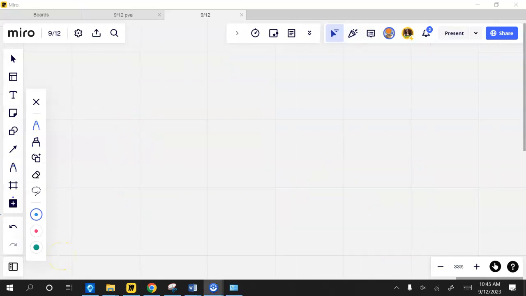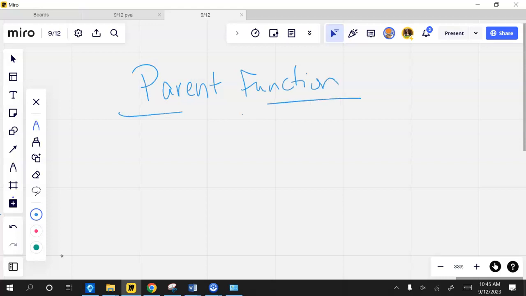And they are 3 parent functions we have talked about extensively already. So first of all, what's a parent function? I hope you know that from Algebra 1. The original function. It's like the most basic function that you can come up with for different types of graphs.